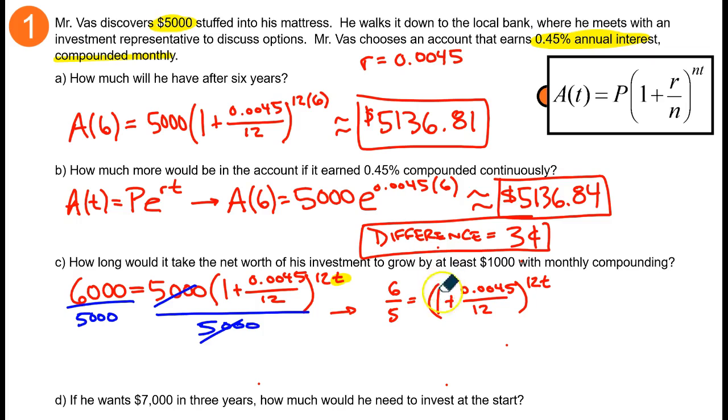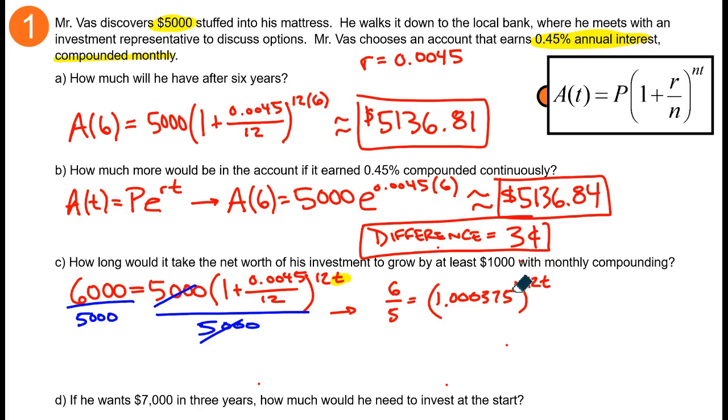This amount inside parentheses, 1 plus 0.0045 over 12, I might as well write the decimal equivalent right now and clean this problem up a little bit. If you plug that into your calculator, you're going to get 1.000375.